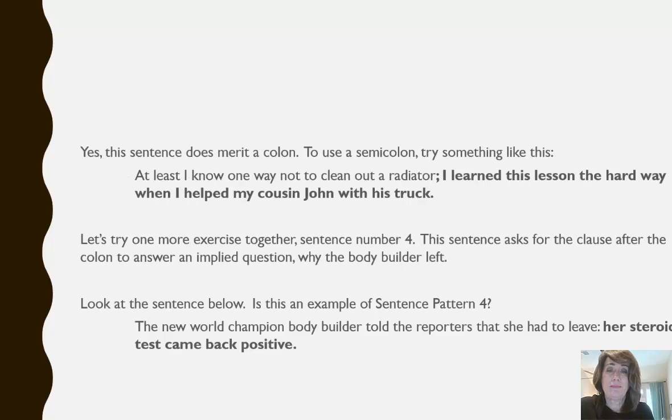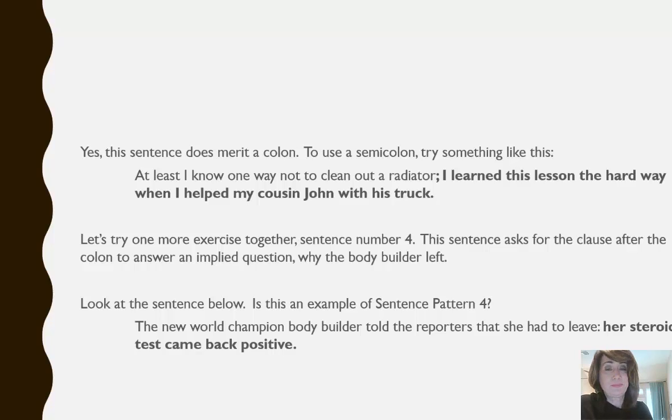Yes, it does merit a colon. If you wanted to use a semicolon, you'd have to do something like this. At least I know one way not to clean out a radiator; I learned this lesson the hard way when I helped my cousin John with his truck. Now notice you have 2 closely related sentences, but you really don't know that one way not to clean out a radiator yet. Let's try one more exercise together.